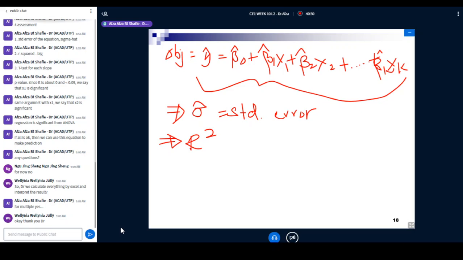Then normally I look at the ANOVA first. Why? Because the ANOVA tells me whether a linear, whether this equation exists.